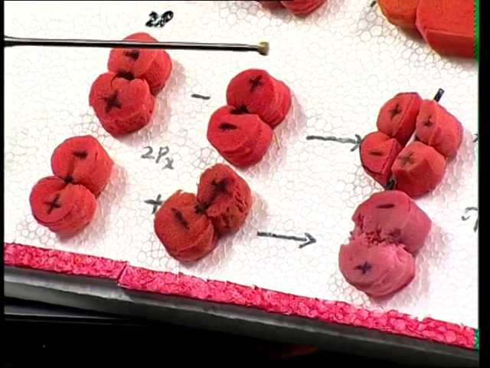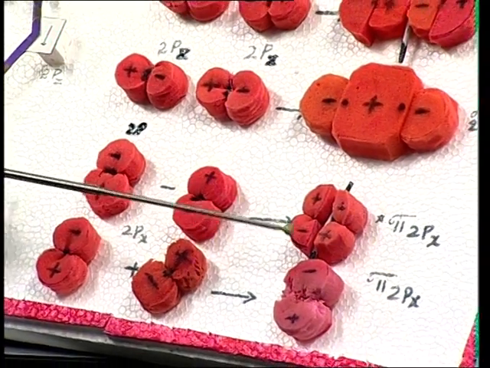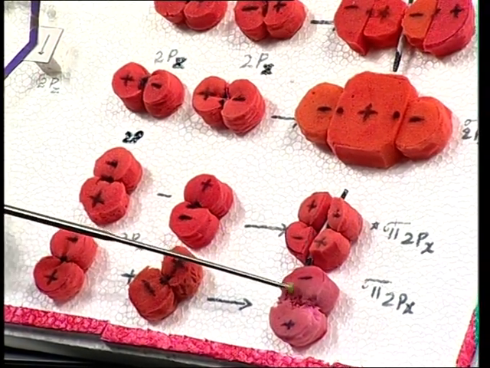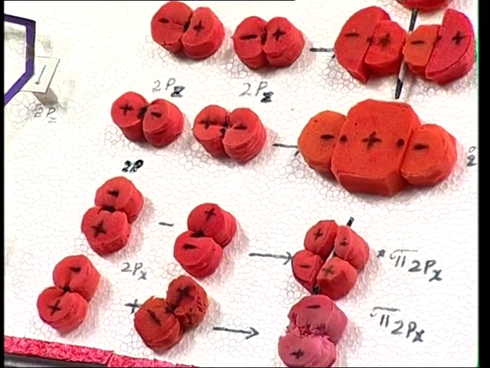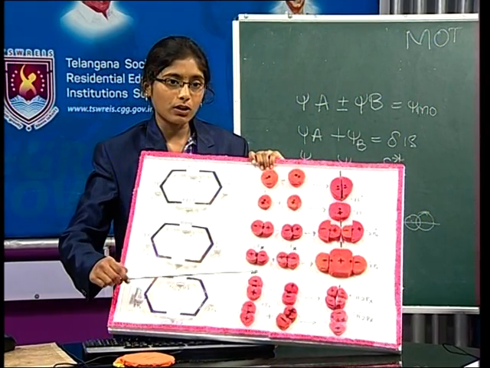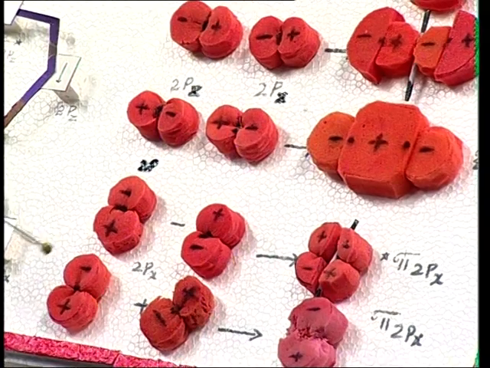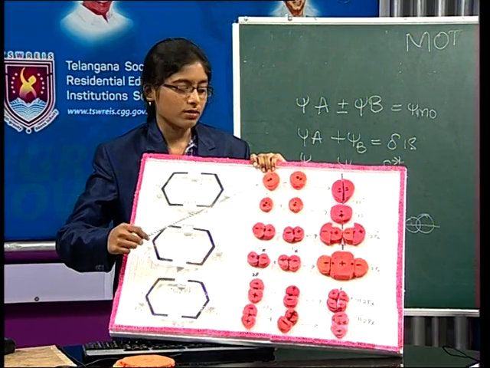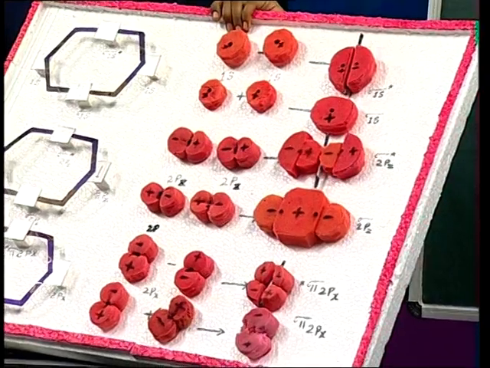The pi bonding molecular orbital has one nodal plane and the pi anti-bonding molecular orbital has two nodal planes. What is a nodal plane? As I told you earlier, the plane where the probability of finding an electron is 0 is called a nodal plane. In this way, sigma bond and pi bond formation occurs in molecular orbitals.